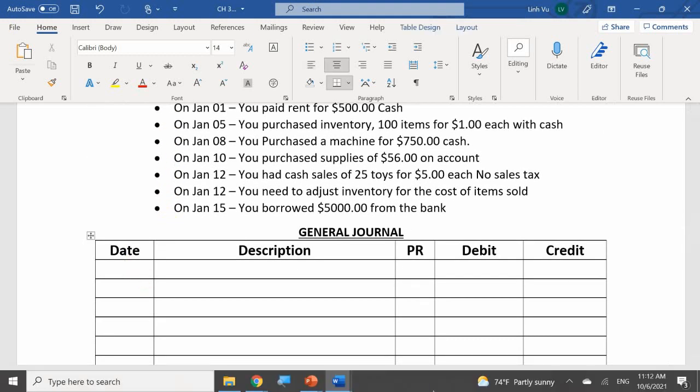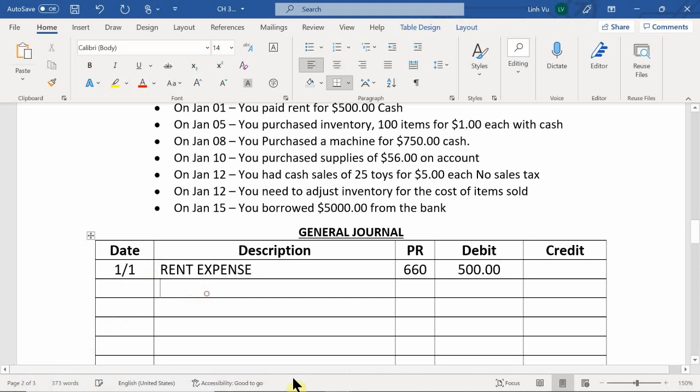So first, I need to put in the date, which is January 1st. I recognize that I had rent expense and I'm going to debit my rent expense. So PR, rent expense was 660, and because I'm going to debit my account, I'm going to debit it for $500. And because I used cash to pay for it, I'm going to credit my cash account, because I spent money.